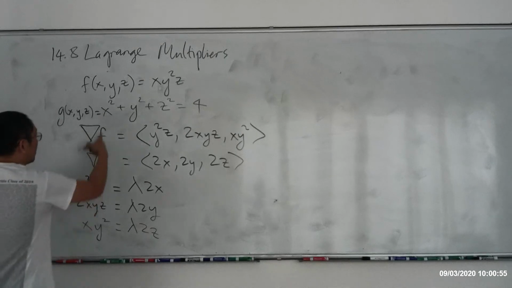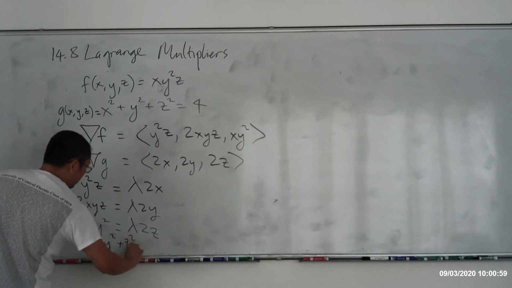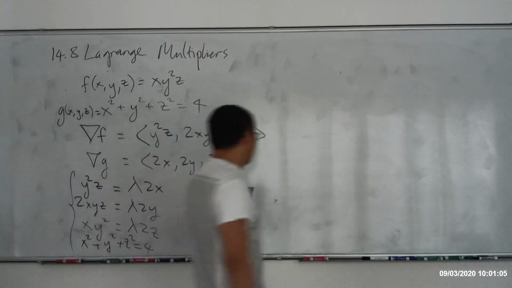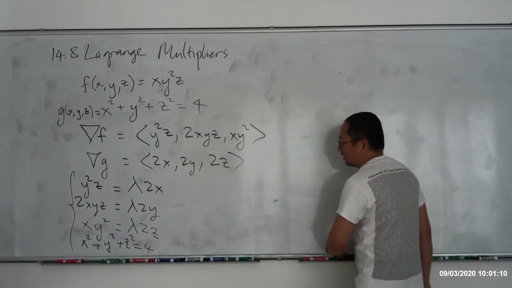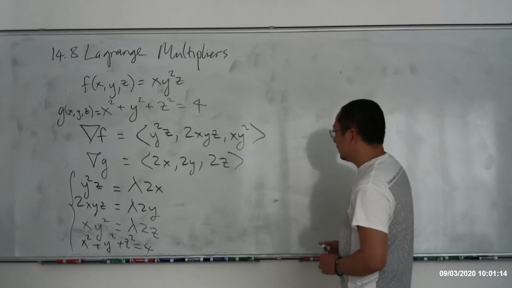And together with the constraint x squared plus y squared plus z squared equal to 4, I am having 4 equations with 4 variables, x, y, z, and lambda, and I have to solve all 4. Actually, you only need to solve for 3, x, y, and z, right? And you know the lambda is non-zero. Okay.